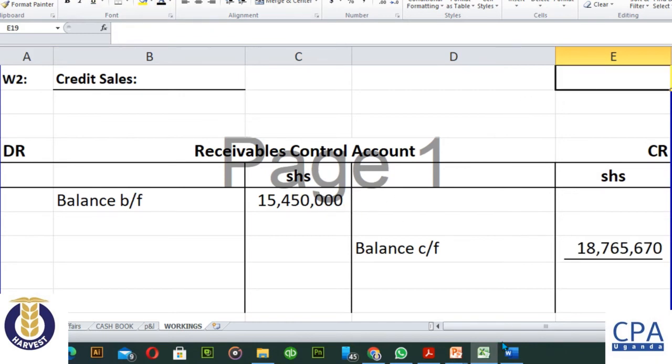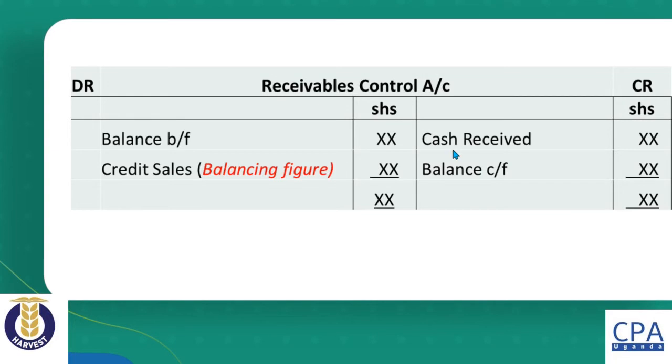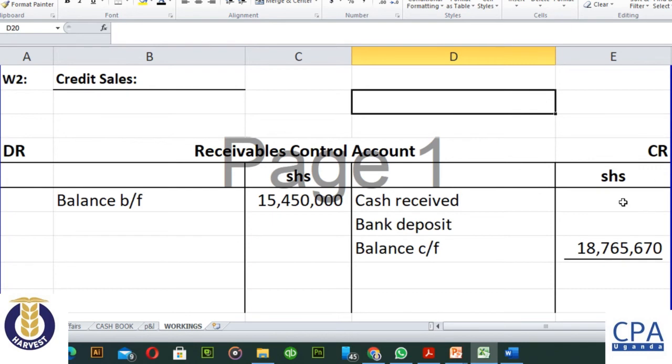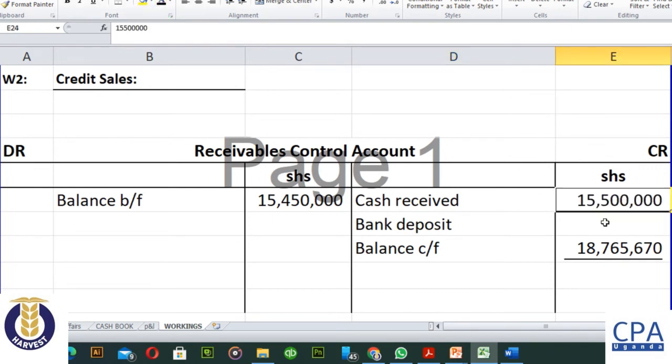As you have seen on our format here, we need the cash received. In the question we are told that cash was received both in coins and currencies, which is the cash in hand, and also through the bank deposit. The cash of 15.5 million was received and the bank deposit of 50.4 million was received.